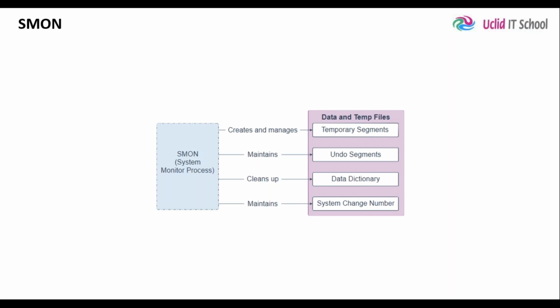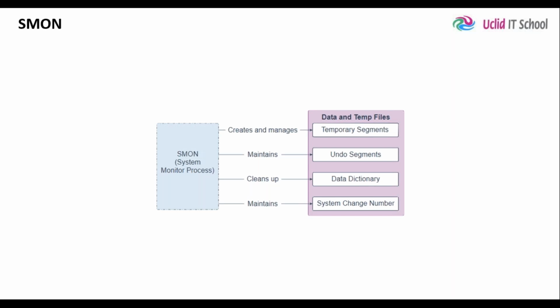Then SMON also cleans up the data dictionary. So when you drop an object, when you delete certain objects, the metadata related to those objects must be removed from the data dictionary. That is done by the SMON background process, and it also maintains the system change number.